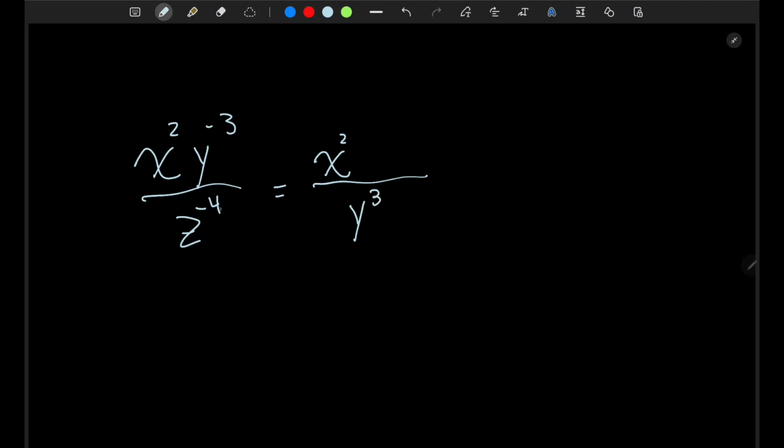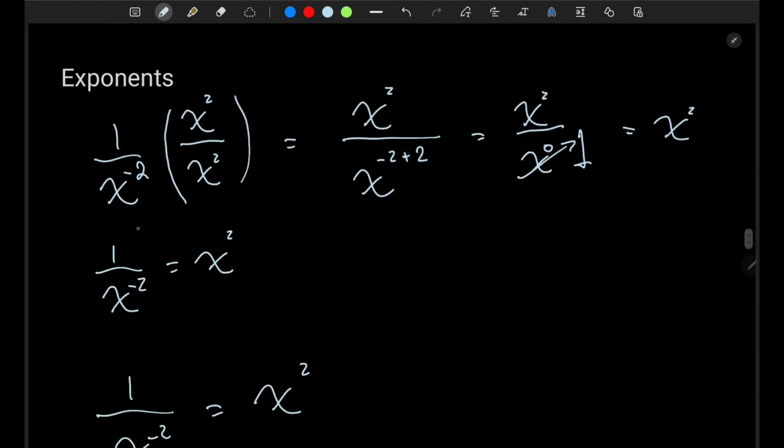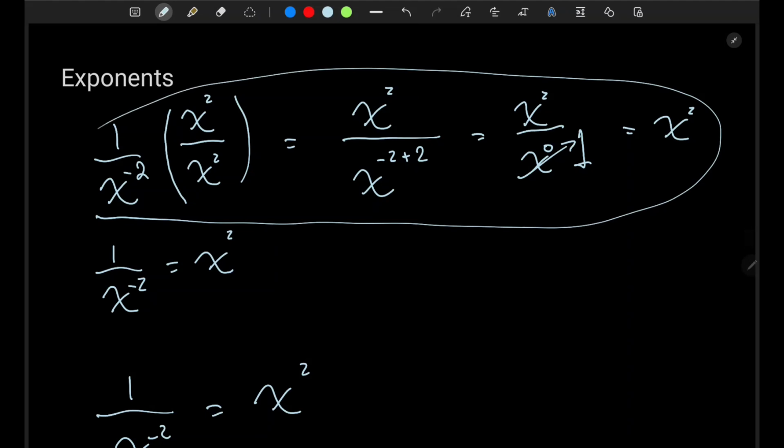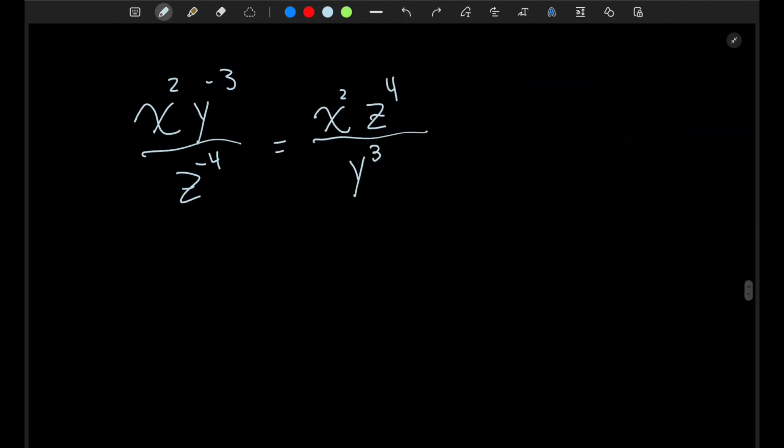Then we take this z, push it up and change the exponent, so we have z to the 4. And then you're done. You skip this long, proper way of writing things out, which is really what you're doing in the background. That's the short method for simplifying exponents.